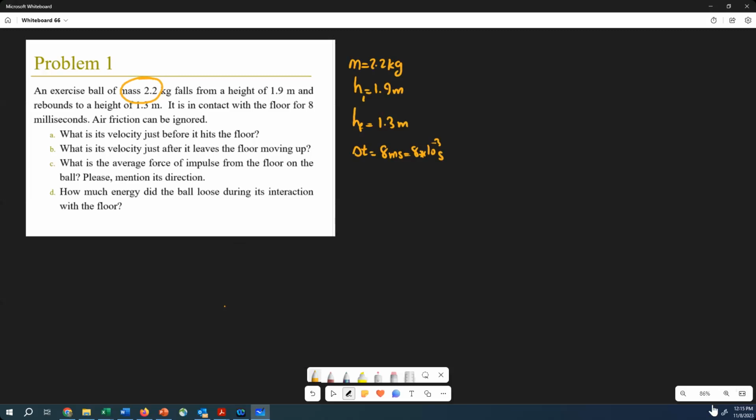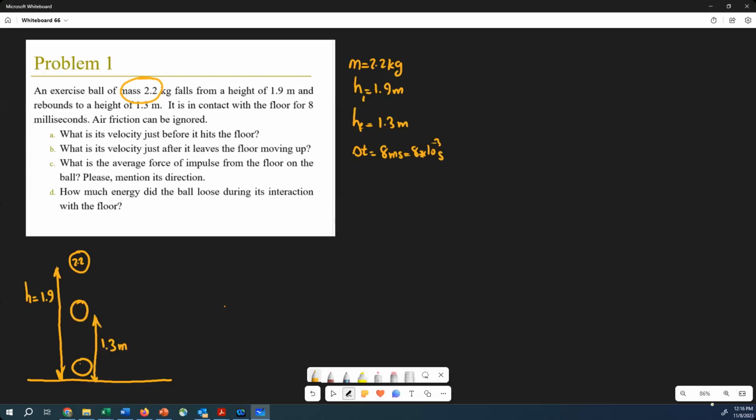Let me just draw the situation here. Again, we have a ground, yes, and the ball of 2.2 kilogram, we are dropping it from this height, which is 1.9. The ball reaches the ground, and then bounces back to this height, which is 1.3 meter.